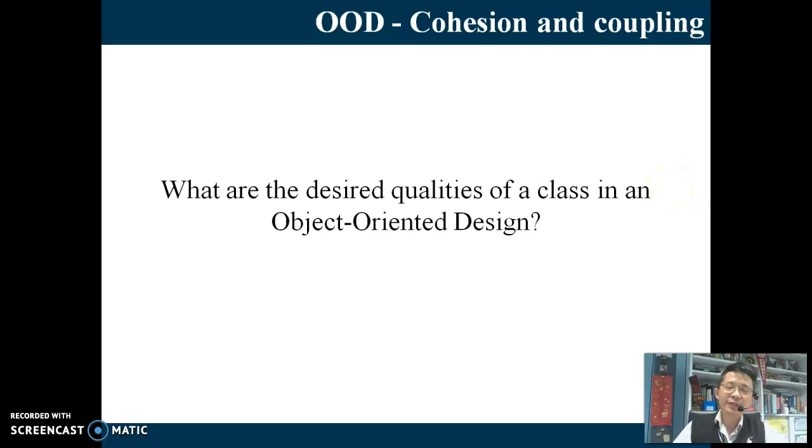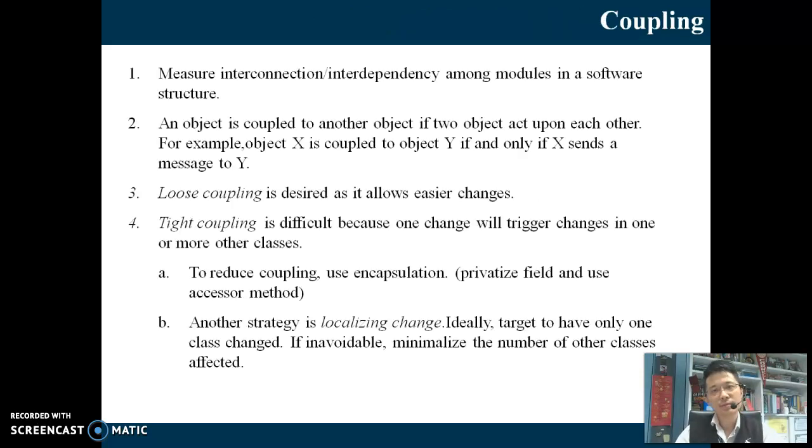If you remember the definition of metrics, it is about the quantitative measure of a degree to which a software possesses a given attribute. In object-oriented design, the attributes that we'll be looking at will be cohesion and coupling. What are these attributes? Coupling measures the interdependency between modules in a software structure.